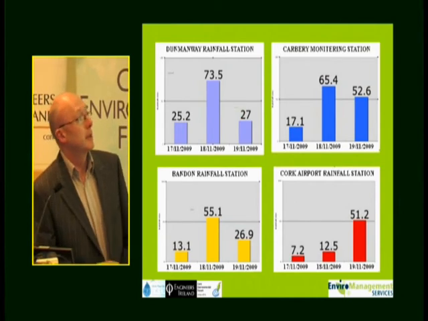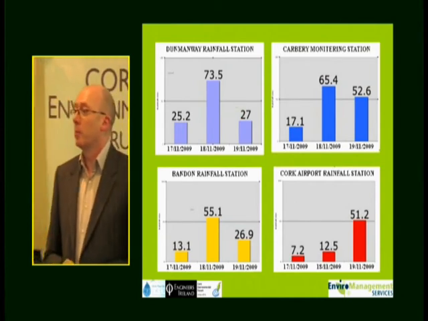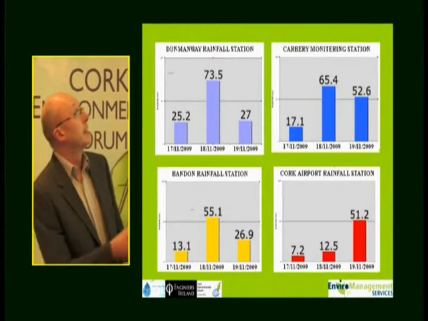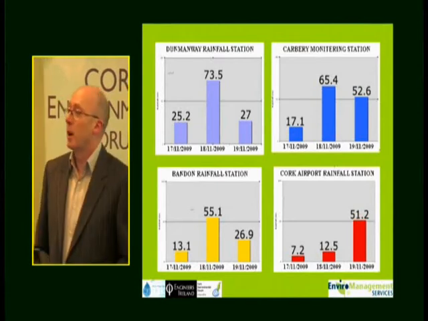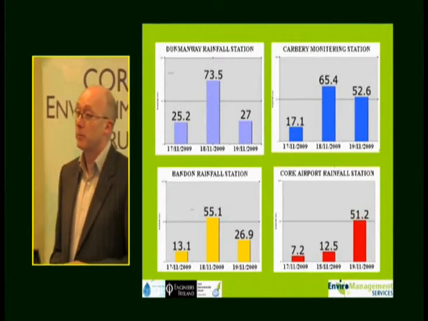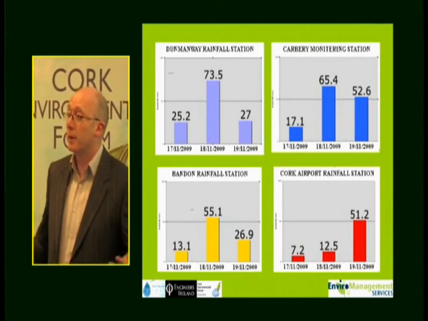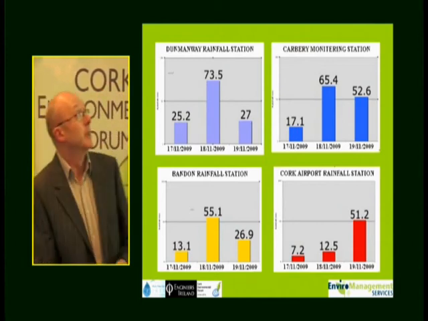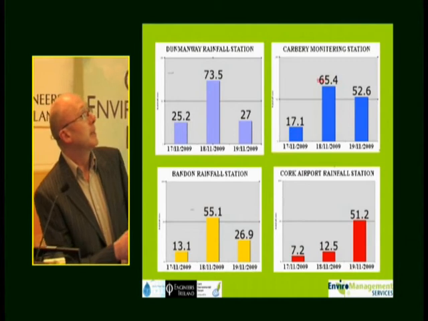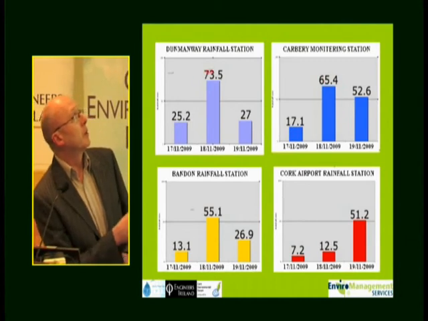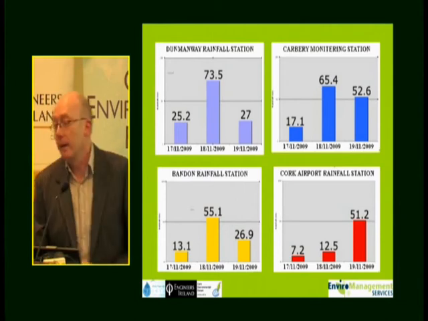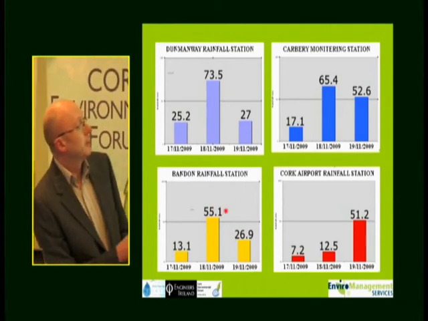That's a very significant difference between Cork Airport and Dunmanway, and yet none of this data is fed in properly into a catchment model for the Bandon River area or for an early warning system, because they don't have one. Carberry milk products, 65.4, quite close to the 73, and in Bandon town, which is an urban area in terms of monitoring there, 55 millimetres.